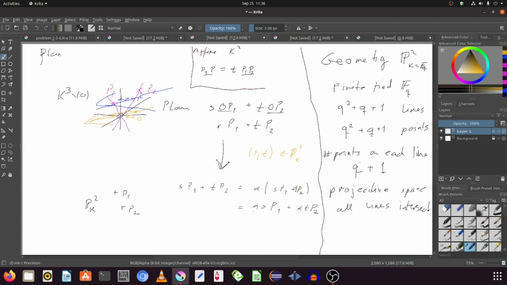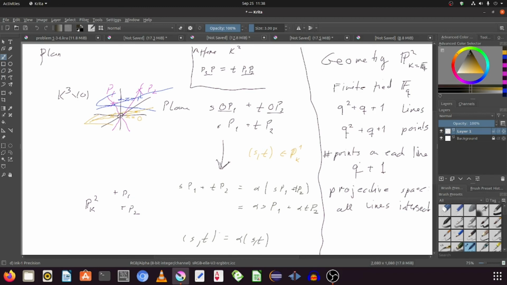So this is the statement that s equals alpha s, t equals alpha t correspond to the same point.